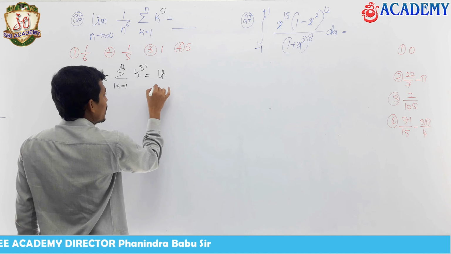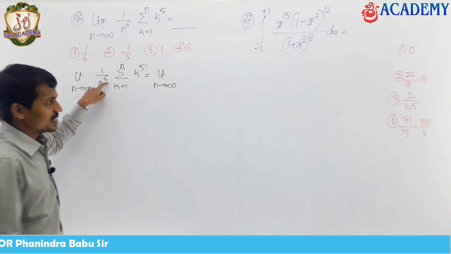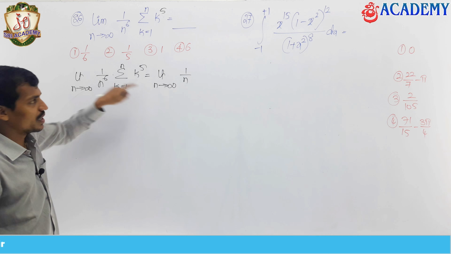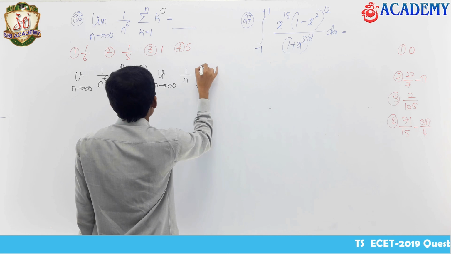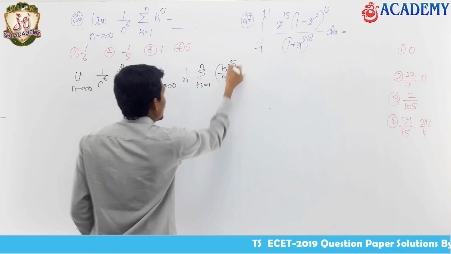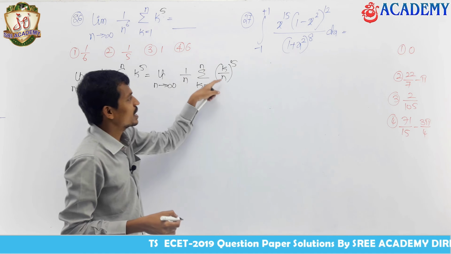Limit n tends to infinity, of n power 6 I am writing only 1 by n. The remaining is n to the power of 5, that is going to be sigma k equal to 1 to n, (k by n) whole power 5 I am writing. Already k power 5 is there, divided by n power 5, that is (k by n) whole power 5.